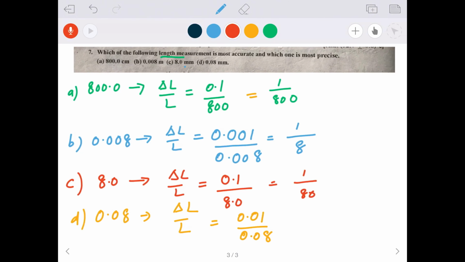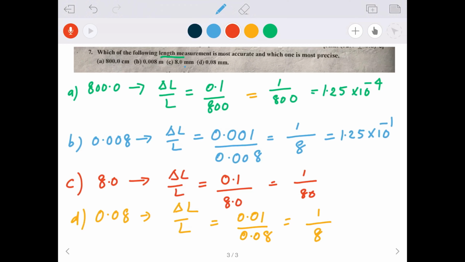So 1 divided by 800 will be 1.25 into 10 raised to minus 4. And for this, 1 divided by 8 is 1.25 into 10 raised to minus 1.